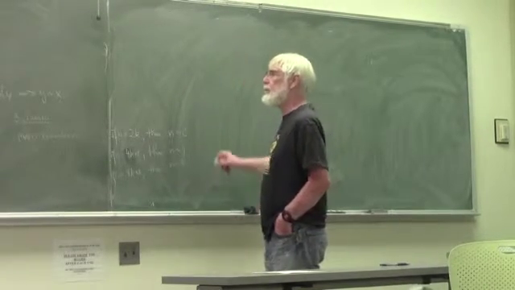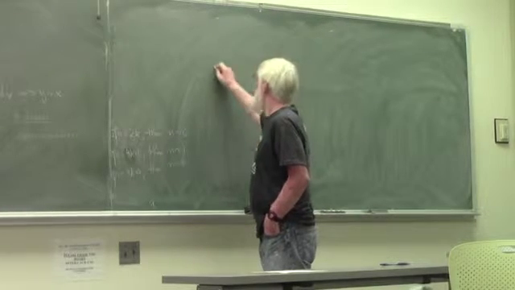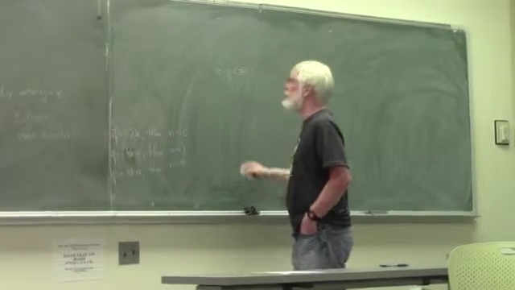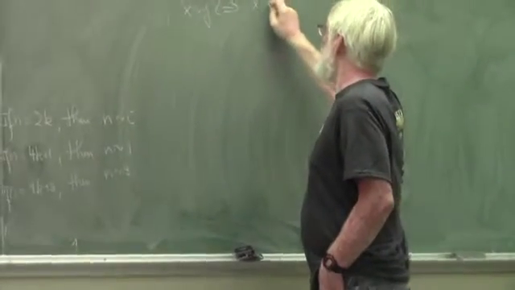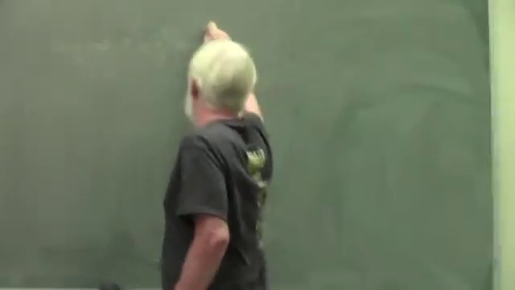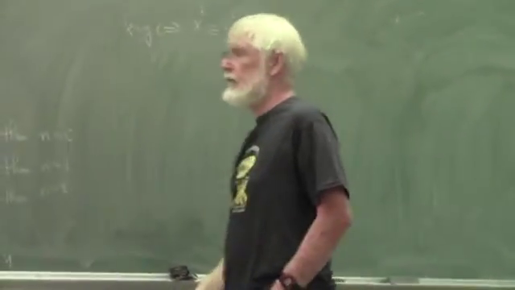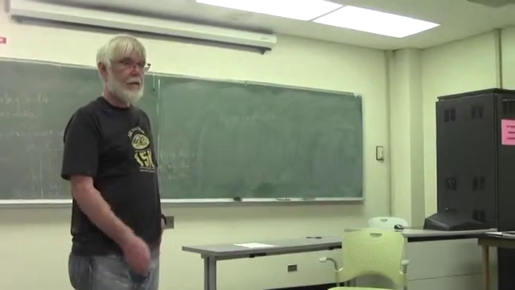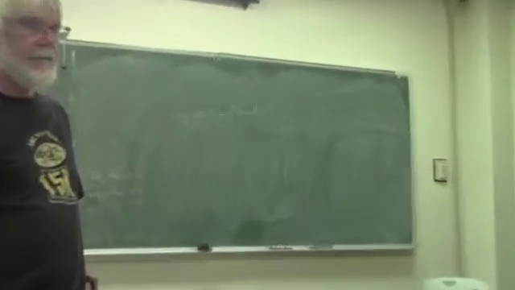But if you repeated this, x is equivalent to y if and only if x squared is congruent to y squared. Not fun. Your response is, I know what to do, right? Make a table.